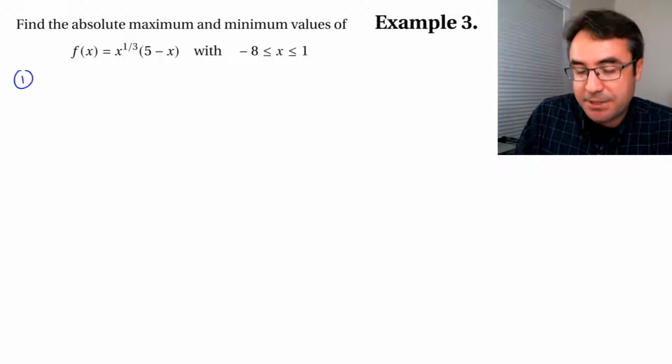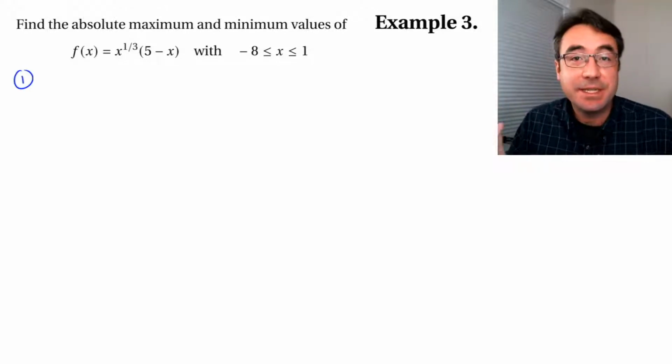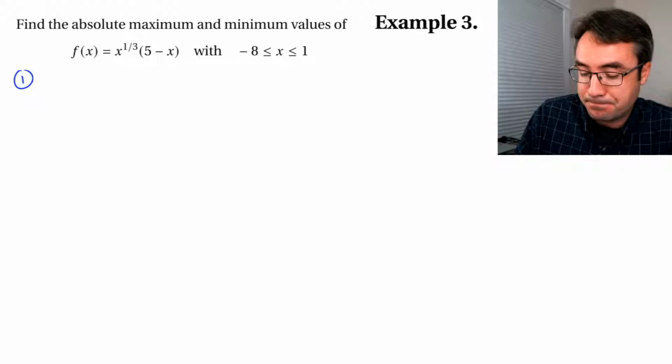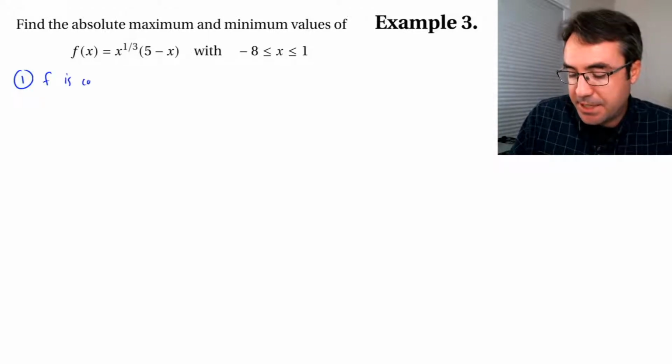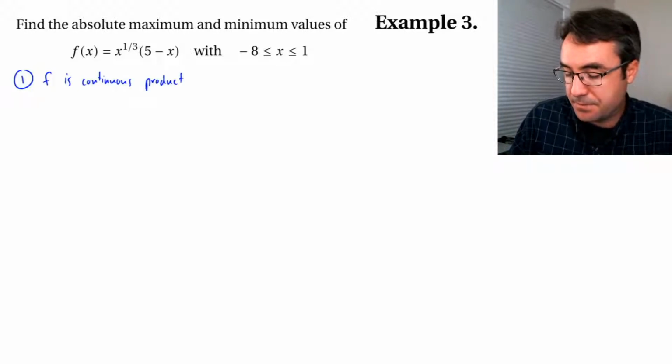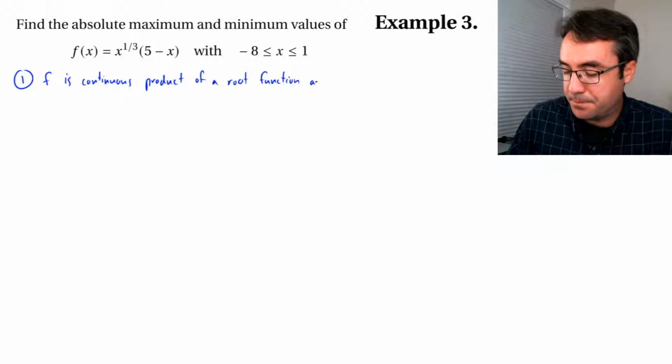First step, we wanted to check, is this function continuous? And this one is. It's a continuous product of a root function and a polynomial, so it's continuous on its domain.